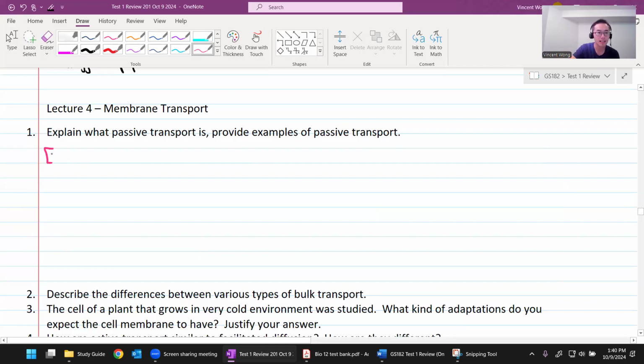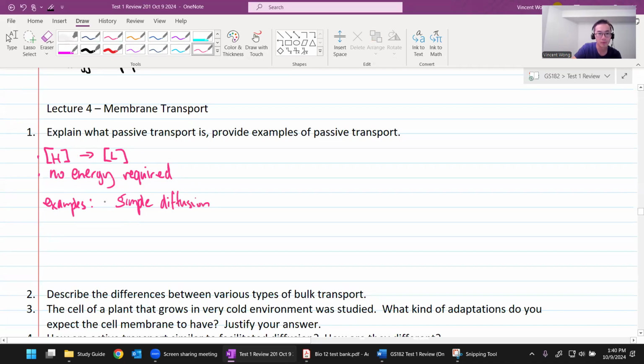So passive transport is from high concentration to low concentration. No energy required. It just happens on its own. And we have three examples. Look at the flow chart that we did in lecture 4. We have simple diffusion, osmosis, and facilitated diffusion.